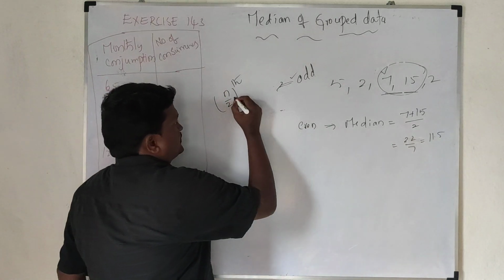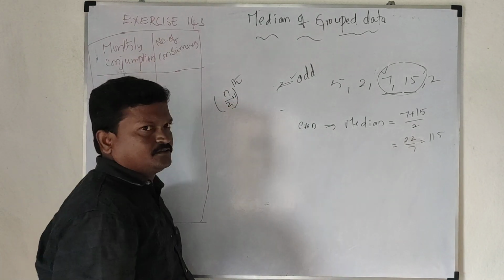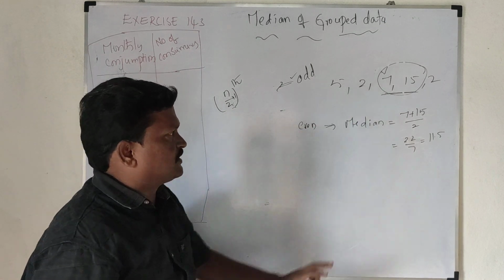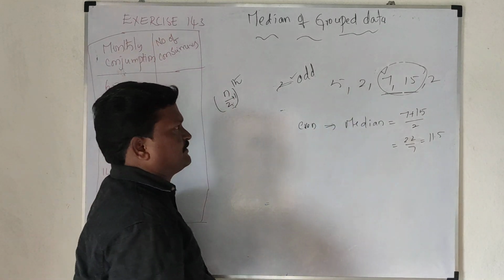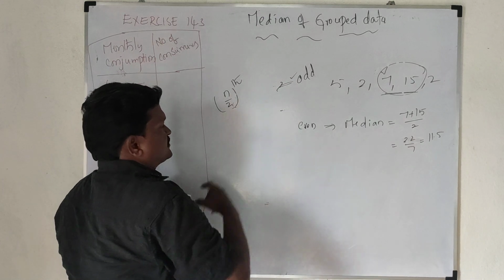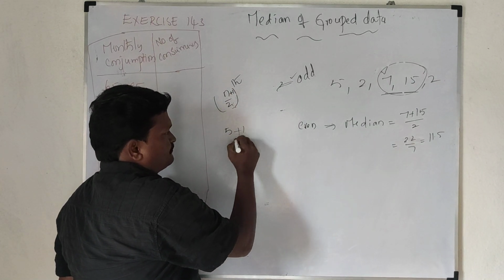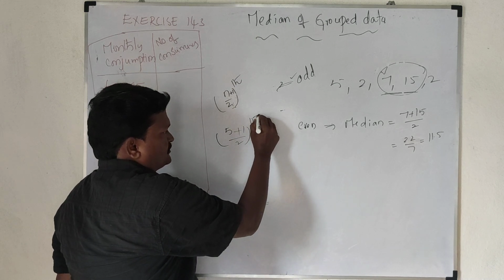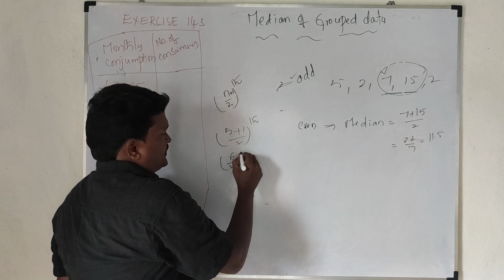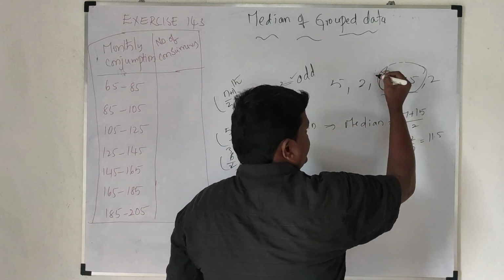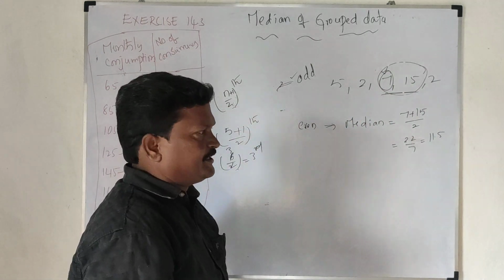This is the n plus 1 by 2th term. Here n is 5, so 5 plus 1 by 2, that is 6 by 2, that is 3. So the third term becomes the middlemost value, and it is the median.